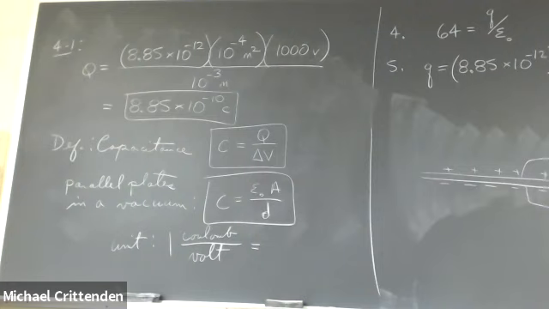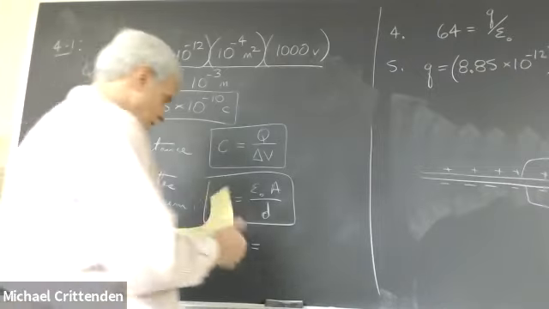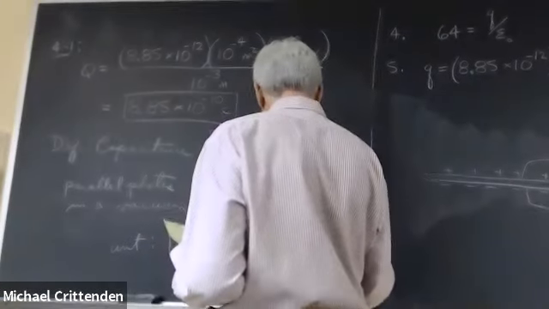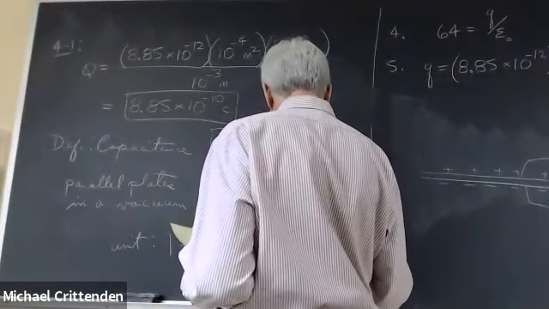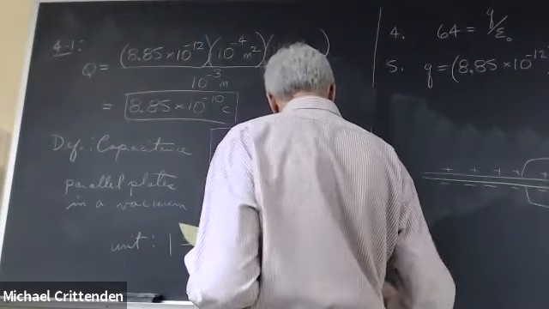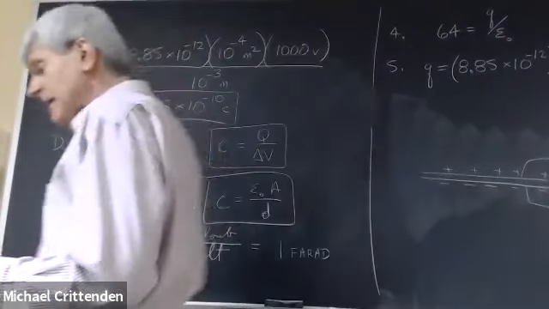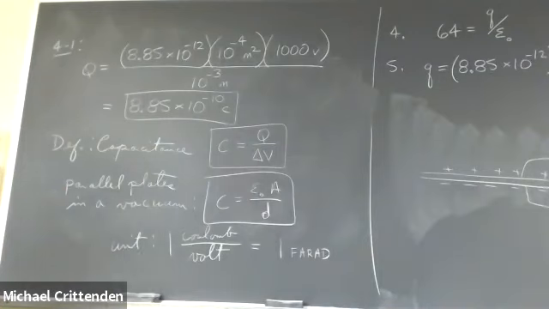So Q over V, coulombs per volt, that combination of a unit is called a farad. Farad is a lot of capacitance. One farad capacitors do exist, but much more often you see them in the microfarads or even smaller.